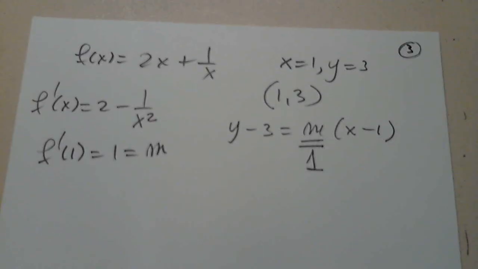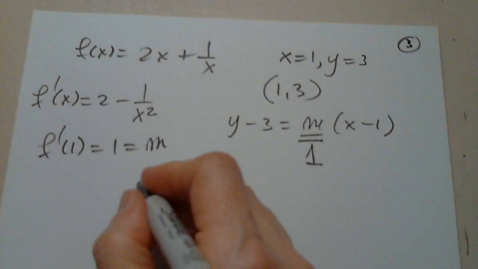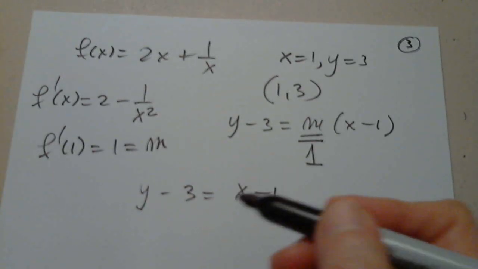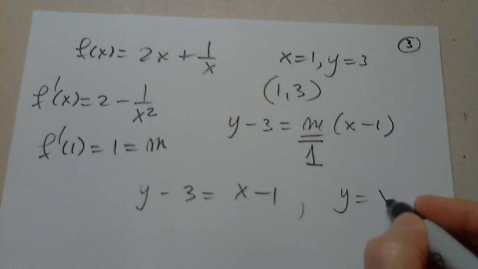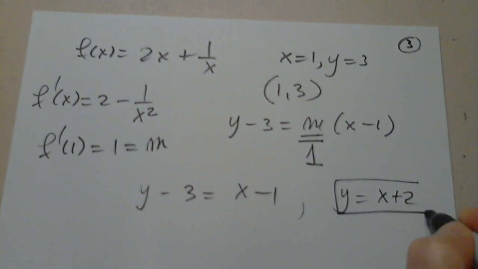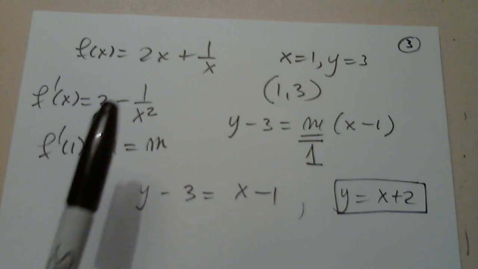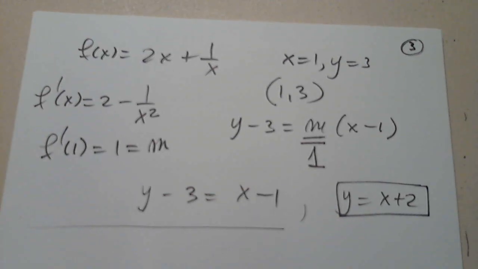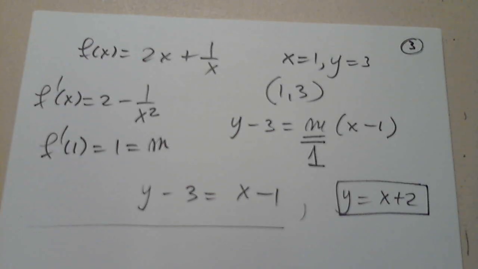Now I have to solve for y. So y minus 3 equals x minus 1, and I move 3 to the other side, so y equals x plus 2. This is the equation of the tangent line to the graph of 2x plus 1 over x at the given point (1, 3).